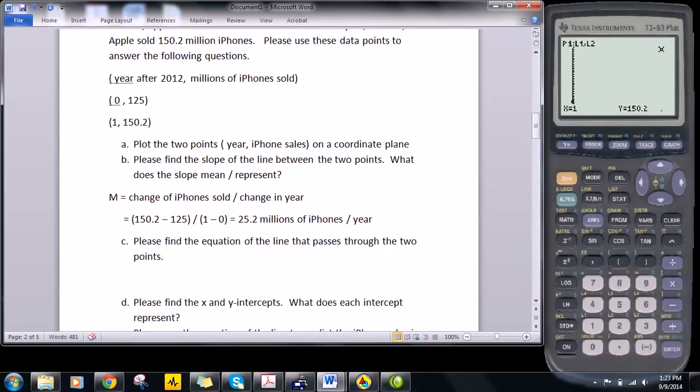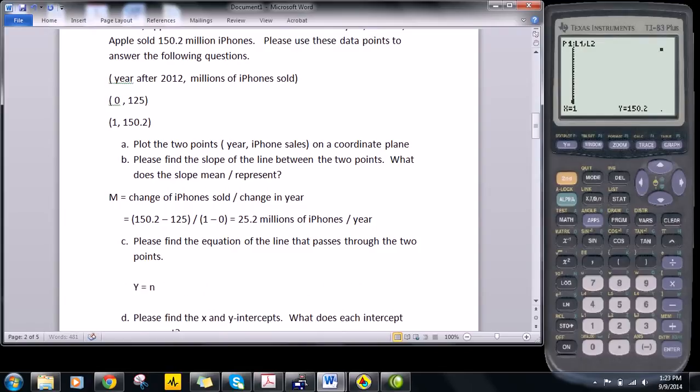One option is to use slope-intercept form, which looks like this, right? And recall this is a linear function with slope m and y-intercept b, okay? And the nice thing is I already have the slope of the line that travels through these 2 points. I already found it to be 25.2.